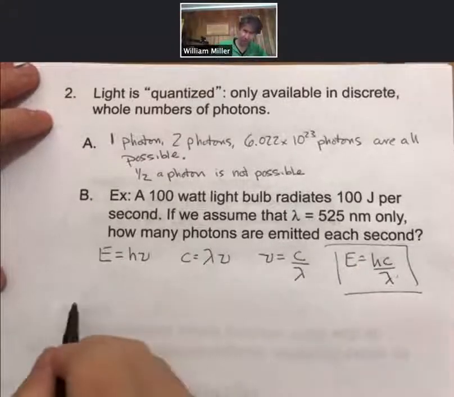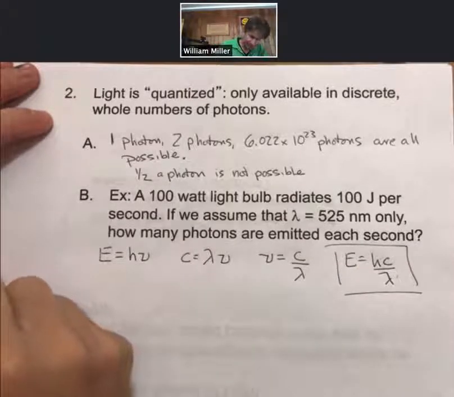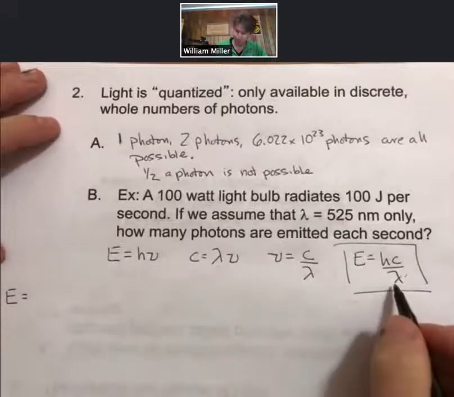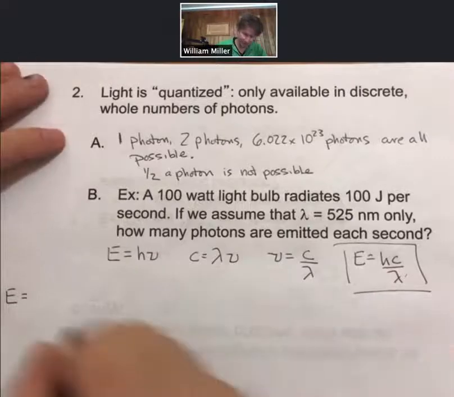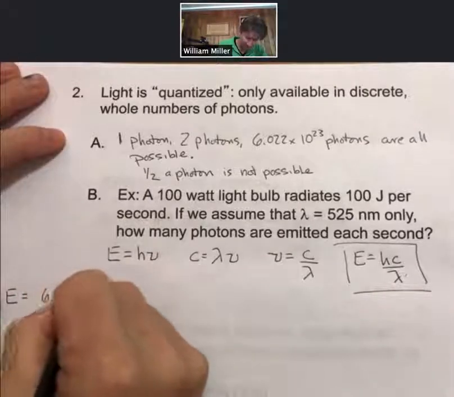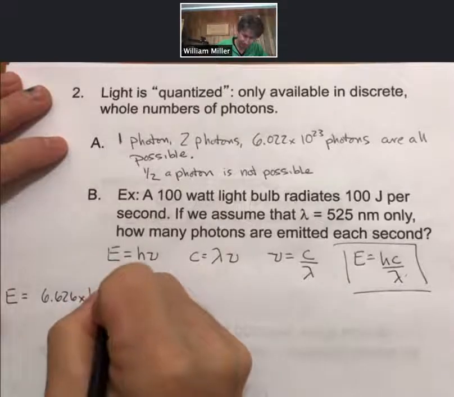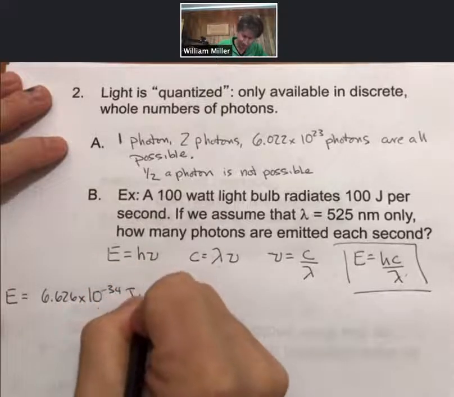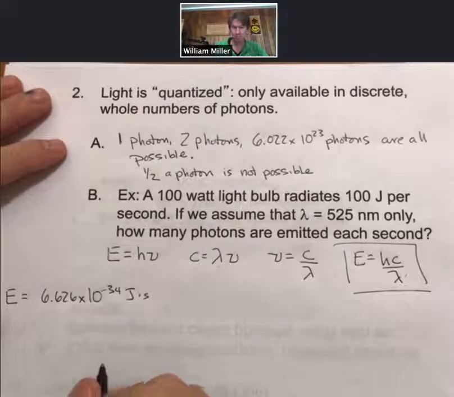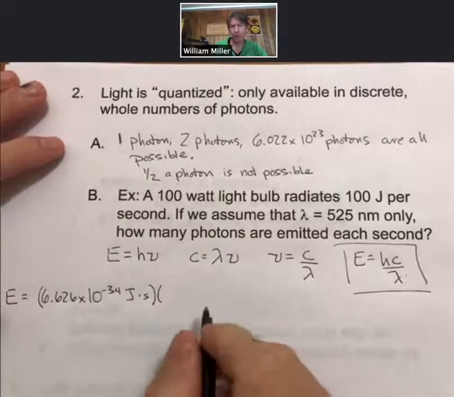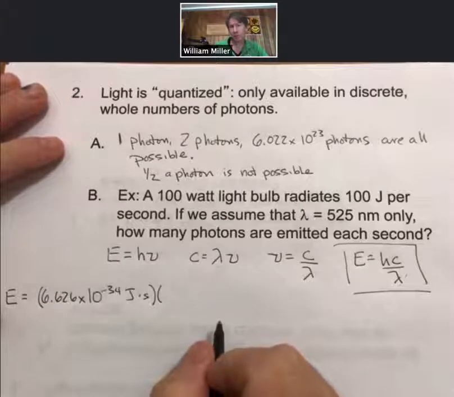And then we'll talk about this 100 joules per second. So let me come all the way back over here and use up all my space on this. So hc over wavelength. h is Planck's constant, 6.626 times 10 to the minus 34th joule seconds. c is the speed of light in a vacuum, or the speed of electromagnetic radiation.